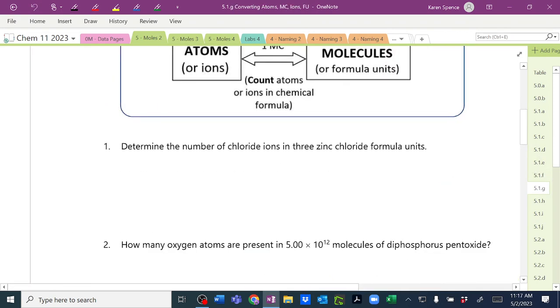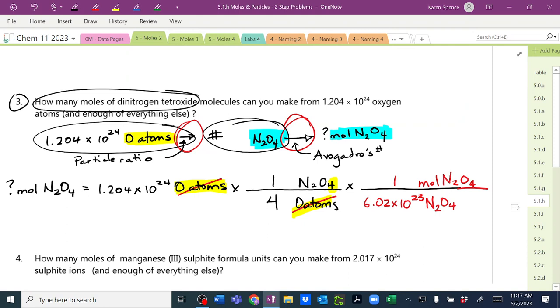Where did we get to? Oh, here we are. Okay, so now we have done our 2-step conversion. We have 1.204 times 10 to the 24 divided by 4 divided by 6.02 times 10 to the 23 equals 0.5 moles of N2O4.